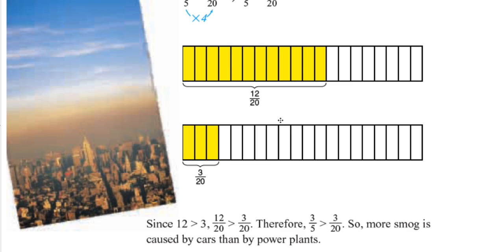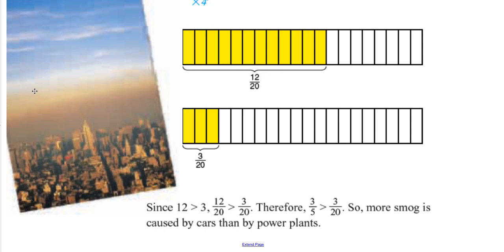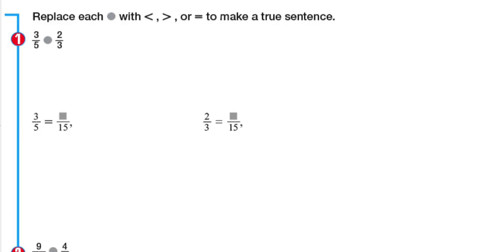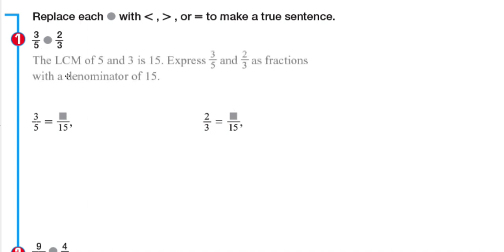Let's take a look at example number 1 and apply what we just learned. Replace each circle with less than, greater than, or equal to make a true sentence. 3/5 circle 2/3. We want to compare these two fractions. The LCM of 5 and 3 is 15.